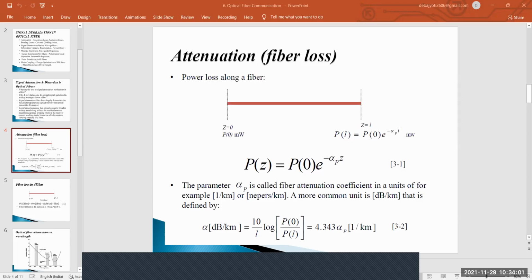Sorry for the disturbances. First of all, I am giving you some problems regarding this attenuation loss. Then we will move forward to the next topic. So, first problem.